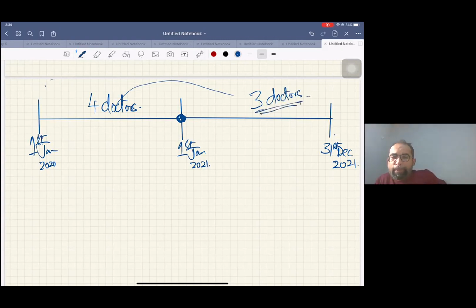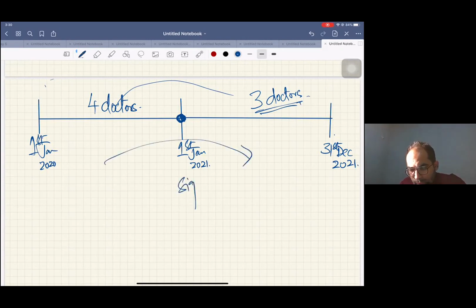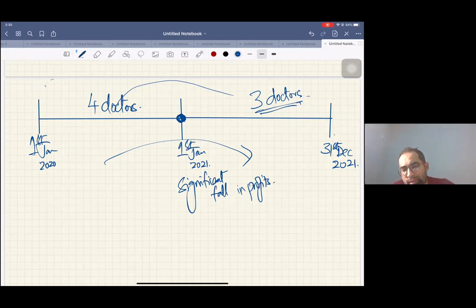Now wait. In the question it was written, there was a significant fall in profits in this one year because of this doctor.